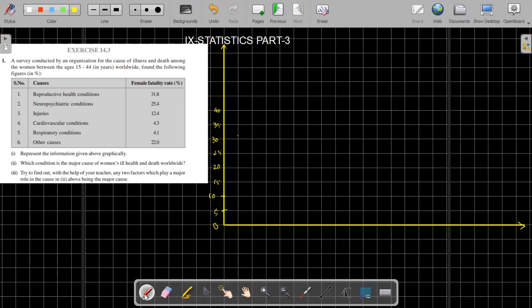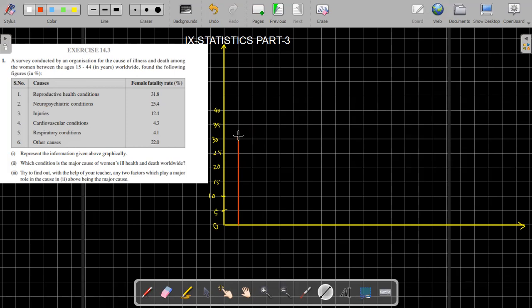So this will represent reproductive health condition 31.8. So this height is 31.8.